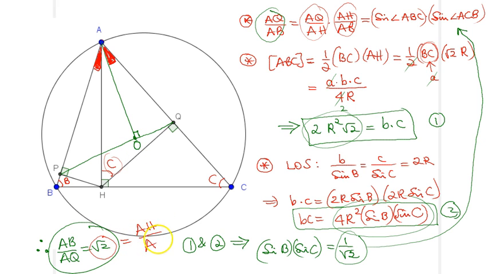This suggests that those two triangles, let me highlight them again, this yellow triangle here is similar to this green triangle. But when that's the case, this suggests that this angle B here is equal to this angle, so AQO is equal to AQP, and that completes our proof.